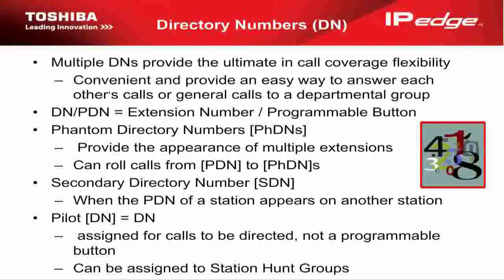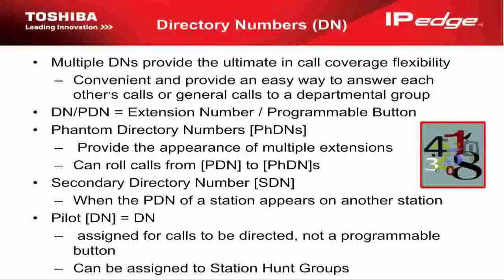A pilot DN is a pseudo location that is assigned a DN where calls may be directed. Unlike prime directory numbers and phantom directory numbers, a pilot DN is not a button on any telephone. A pilot DN is used as a device where calls can ring and be held while the system controls the call.